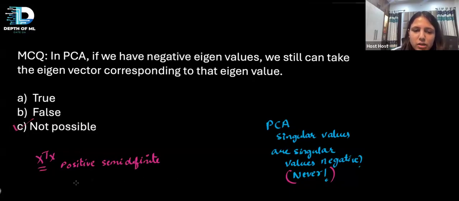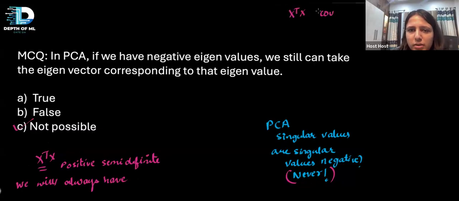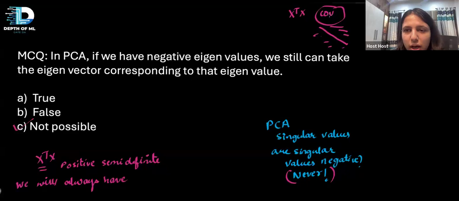In PCA, we will always have positive semi-definite matrices. Something that you should work on, something that you should figure out. And also you can see X transpose X is coming out to be the covariance matrix, right? You have square terms on the diagonal and everything else is zero after the projection. But you can argue that this is the original one, so think about it.